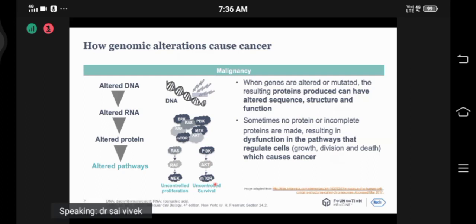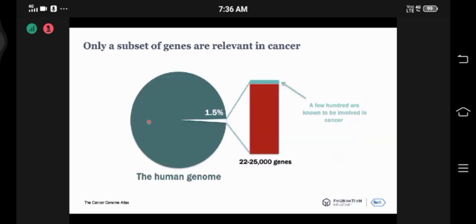And uncontrolled proliferation and uncontrolled survival, as we know, are hallmarks of cancer, and that leads to carcinogenesis. Sometimes no protein or incomplete proteins are made, resulting in dysfunction of the pathways that we are talking about, and that ultimately leads to cancer. So altered DNA, altered RNA, altered protein lead to altered pathways, and hence lead to cancer.